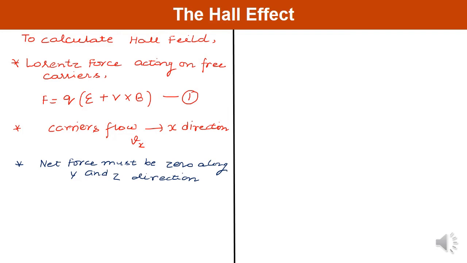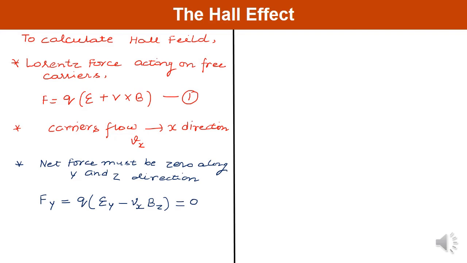This term you can write as Fy, which is equal to Q times electric field in y direction minus velocity in x direction and magnetic field in z direction. So this is equal to 0.